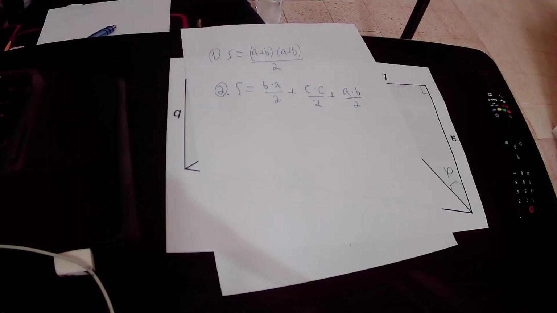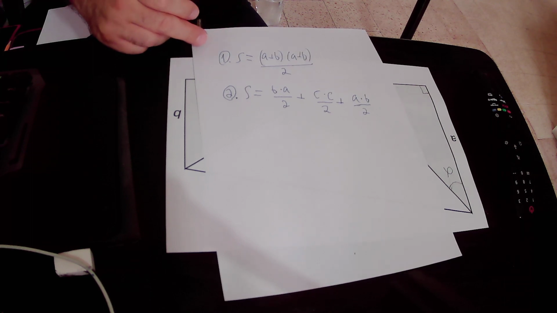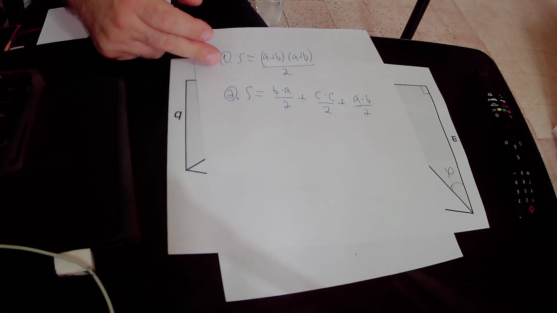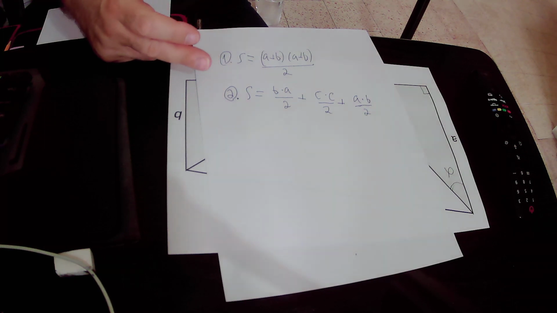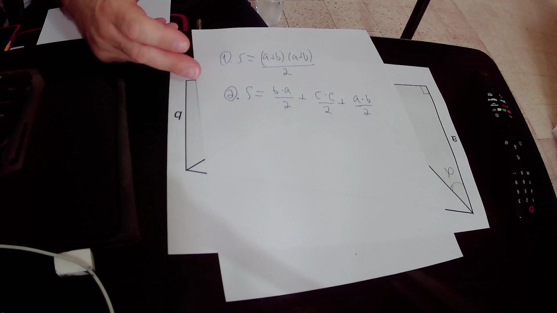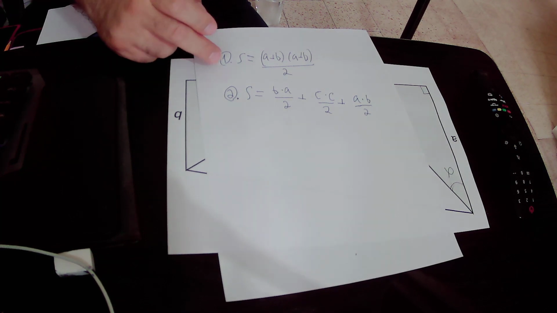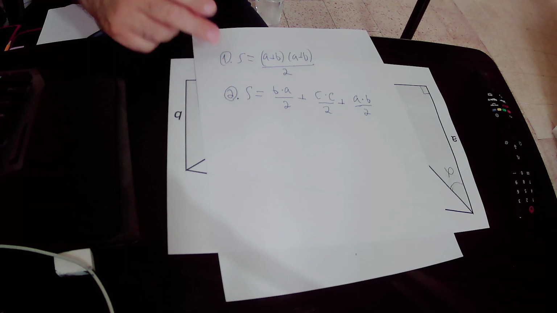and of course expression 1 is equal to expression 2 because we calculated the area of this trapeze in two different ways. So of course it is the same area. So we can actually say that expression 1 is equal to expression 2.